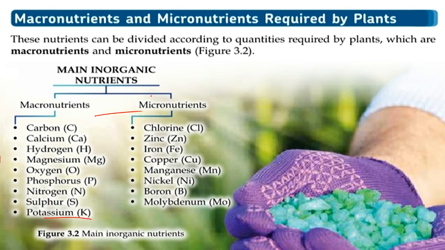Manakala micronutrient yang diperlukan sedikit sahaja oleh tumbuhan: chlorine, zinc, iron, copper, manganese, nickel, boron, molybdenum. Semua yang ini adalah micronutrient.